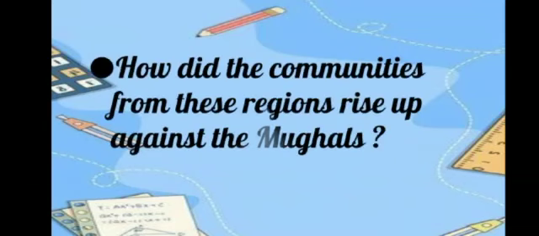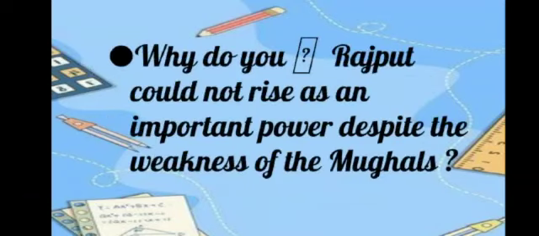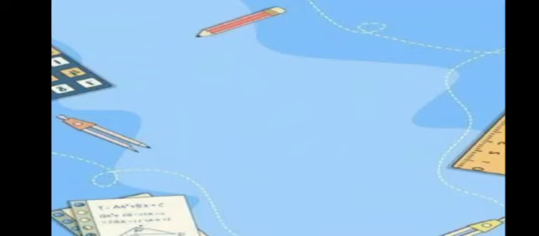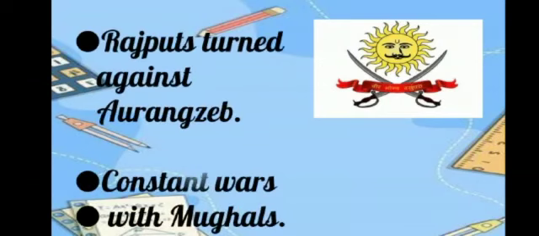Now, how did the communities from these regions rise up against the Mughals? As you know, the Rajputs revolted against Aurangzeb's policy of intolerance to other religions.